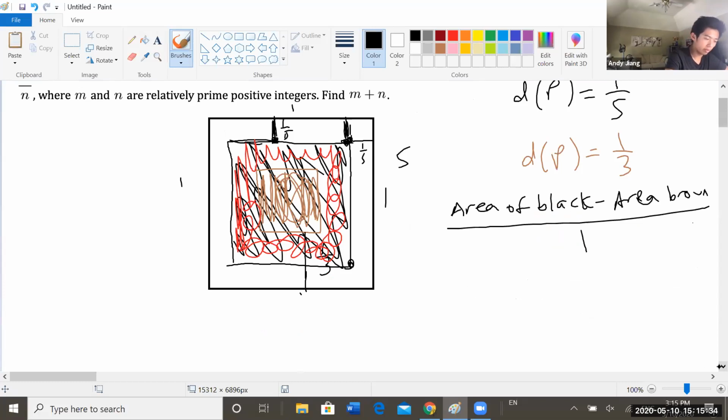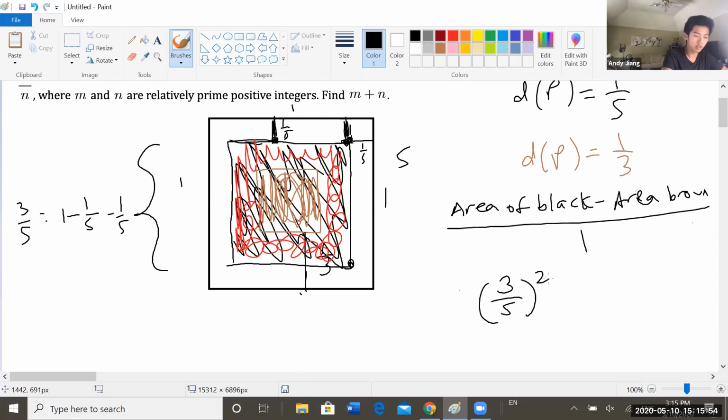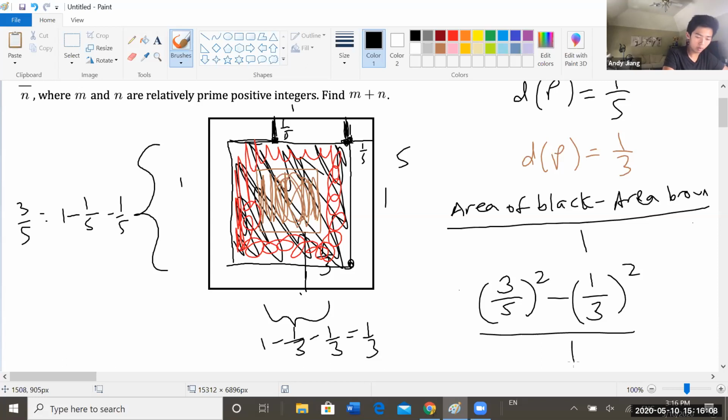So the side length of the black square is 1 minus 1/5 minus 1/5, because I'm taking 2 chunks of 1/5 out of it. So this is equal to 3/5. So that area is (3/5) squared. Then the side of the brown square is 1 minus 2/3, or 1 minus 1/3 minus 1/3, which is 1/3. So this is minus (1/3) squared, and then all over 1.